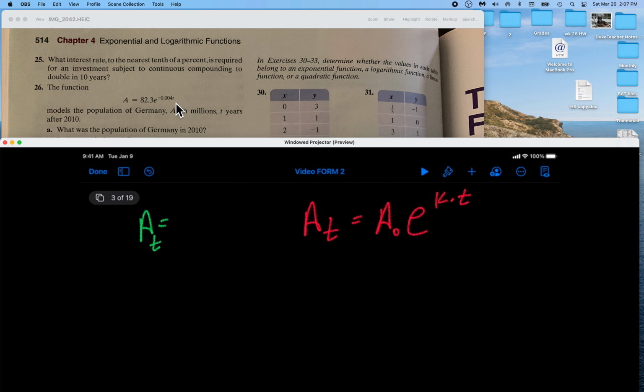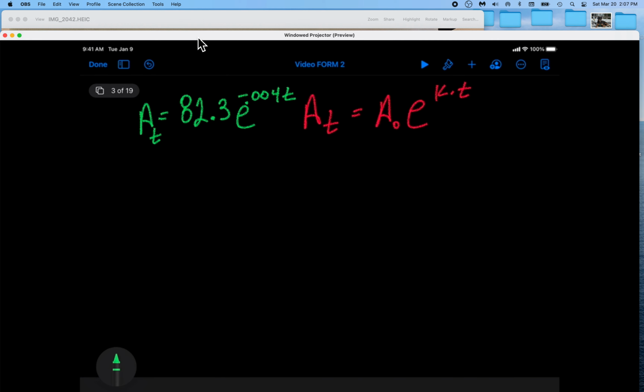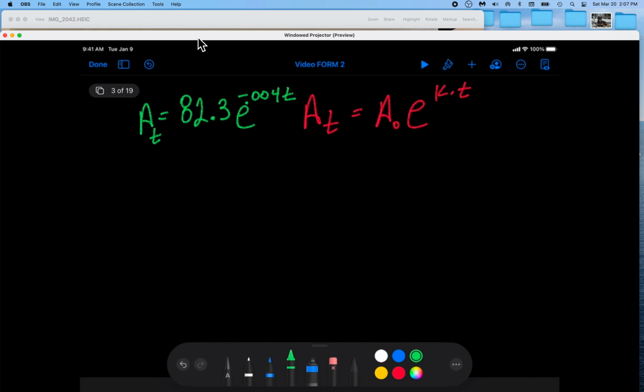A of t. So in part A, when you're in 2010, t is going to be 0. And if t is 0, then you have e to the 0, which is 1. So your answer is going to be 82.3. And that makes sense because that's the initial amount.